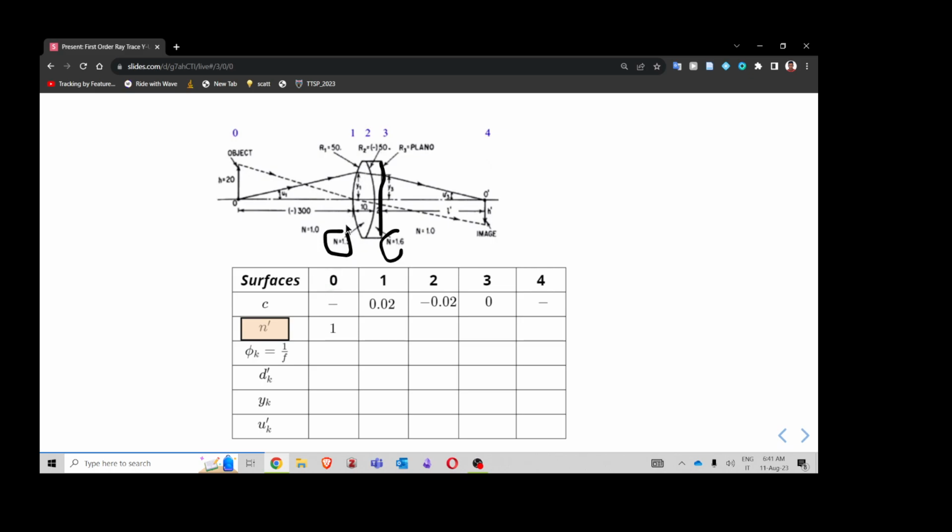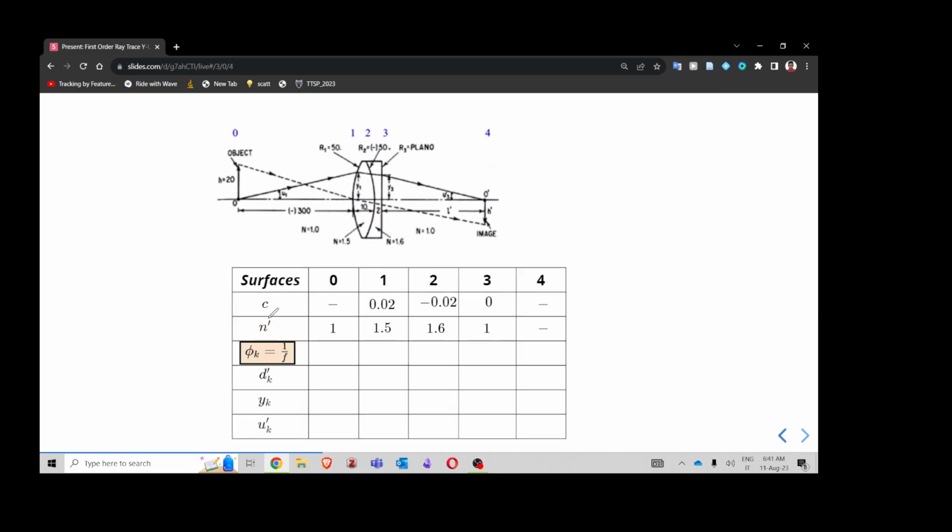Now when we come to the first surface, the index of refraction is 1.5, so we enter 1.5. And for the second surface, the index of refraction is 1.6, so we write 1.6. And for the third surface, the index of refraction is 1. Okay, so we have entered both the C and N.